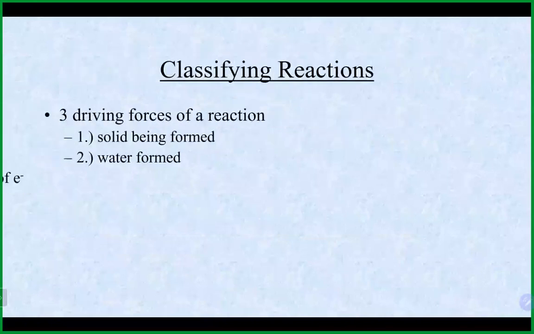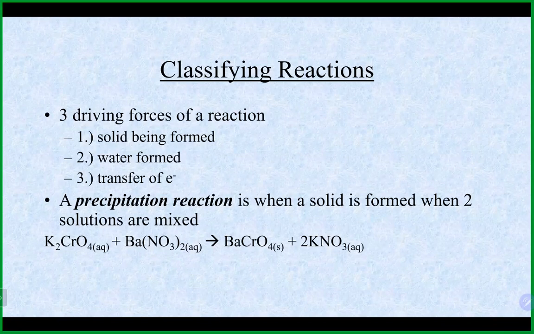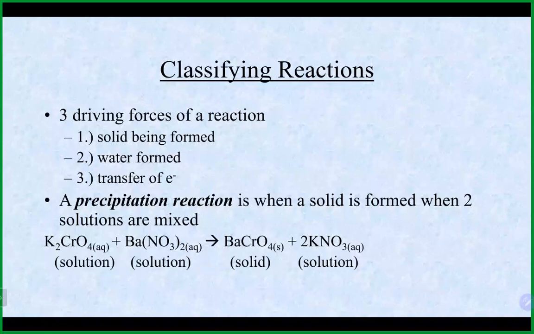So let's talk a little bit about classifying reactions. The three reasons why reactions take place, as we've been talking about: a precipitate forms, some type of solid; water is being formed; or, again, a transfer of electrons. As we saw earlier, a more specific classification of double displacement reactions is a precipitation reaction, as a solid is being formed.